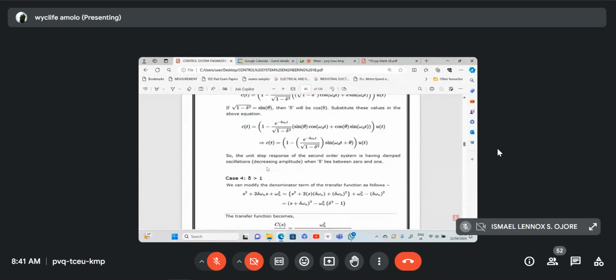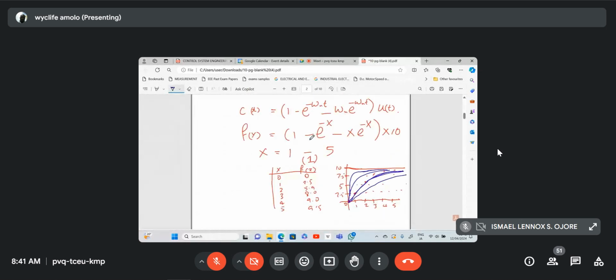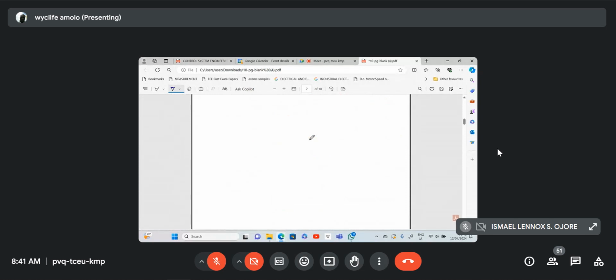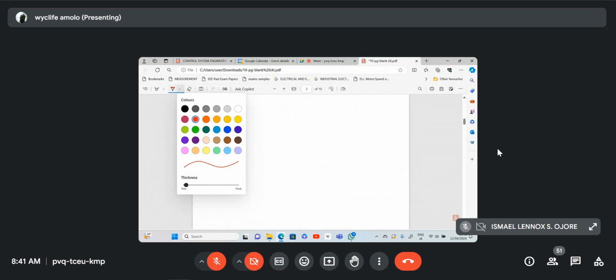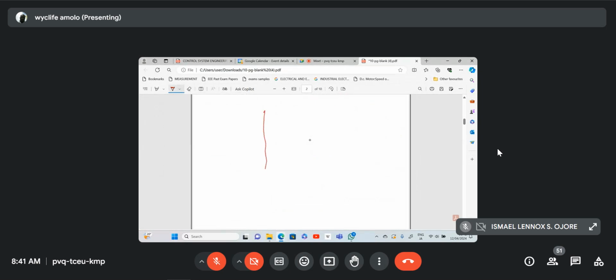So you'll find that in this kind of arrangement, when you plot, you'll find that it is a damped oscillation. It can be a damped oscillation.